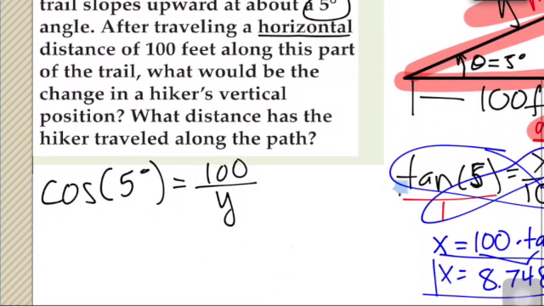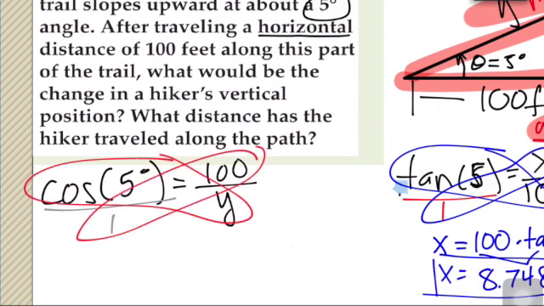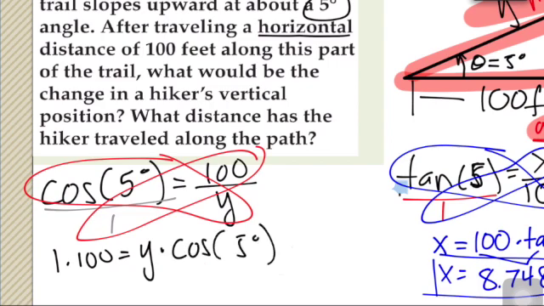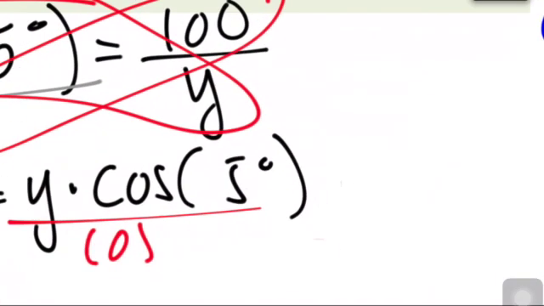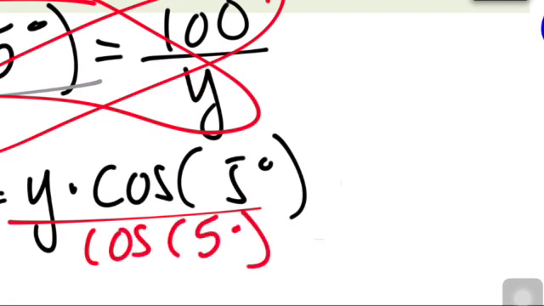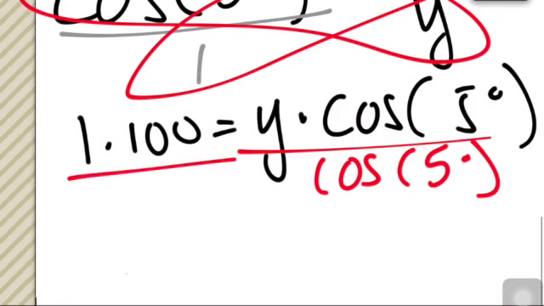And now we can go ahead and put a 1 under here, and then I can cross multiply. So then I get 1 times 100 equals y times the cosine of 5 degrees. Now I can divide by the cosine of 5 degrees. Same thing on the other side.